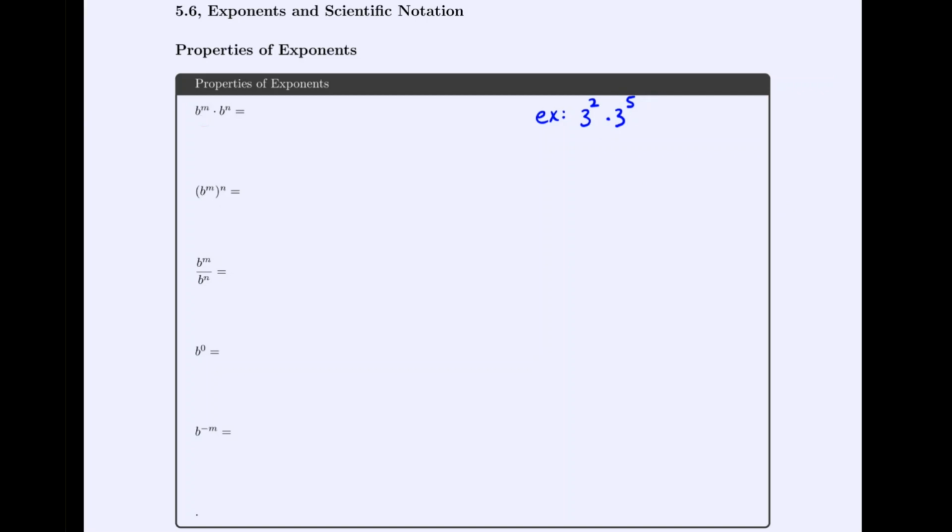So just so we can get an idea there. The way I would read this is some base to an exponent times the same base to a different exponent can be simplified by keeping the same base, but by adding the exponents. So in this case, 3 squared times 3 to the fifth is the same as 3 to the 2 plus 5, which could be simplified as 3 to the seventh.